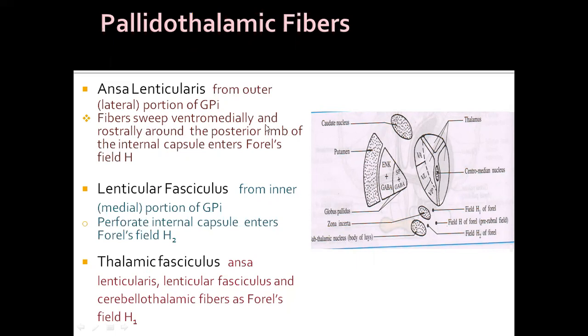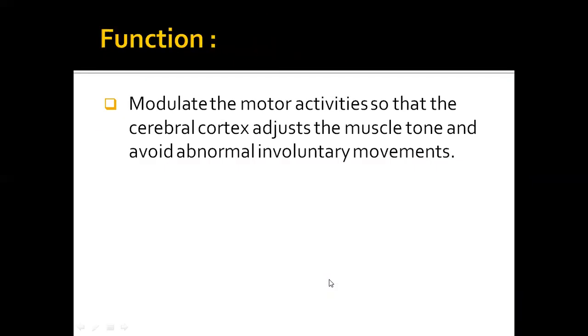Fibers sweep ventromedially and rostrally around the posterior limb of the internal capsule and enter Forel's field H. You can see this field H, Forel's field, lenticular fasciculus, thalamic fasciculus. The function is to modulate motor activities so that the cerebral cortex adjusts muscle tone and avoids abnormal involuntary movements.